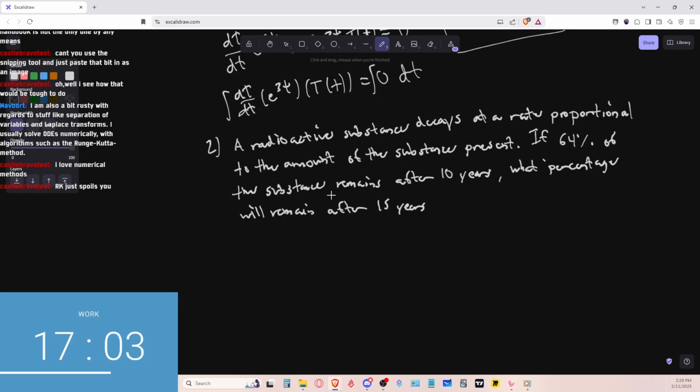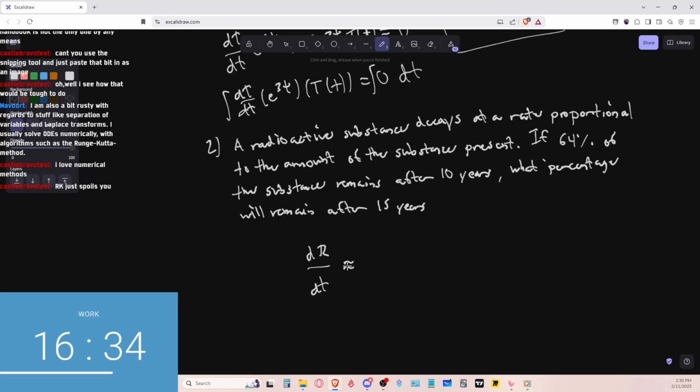So if 64% of the substance remains after 10 years, what's the percentage that will remain after 15 years? Okay, so the rate of radioactive decay, I'm guessing we'll do dR/dt for radioactive decay. dR/dt is proportional to the amount of the substance.